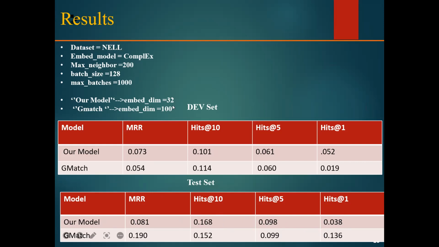when the embedding dimension is 32. But we can see that even though we reduce the model hugely, we reduce it to 30% of its original dimension, in the development set we get almost better results.